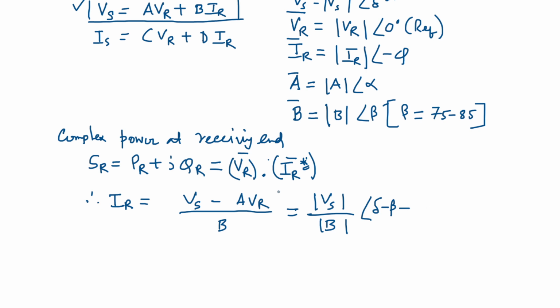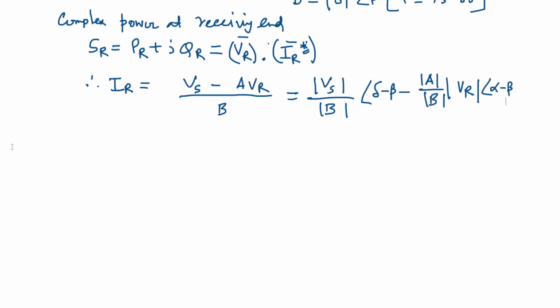Similarly, for A by B times VR, its magnitude is A by B into VR, and the net angle contribution is, due to A is alpha and due to B is beta. VR is 0, so the net angle contribution is alpha minus beta.